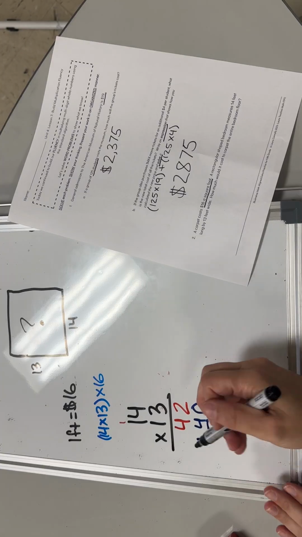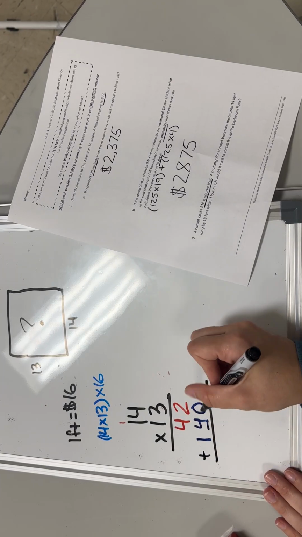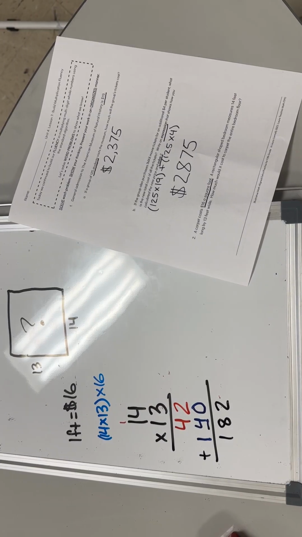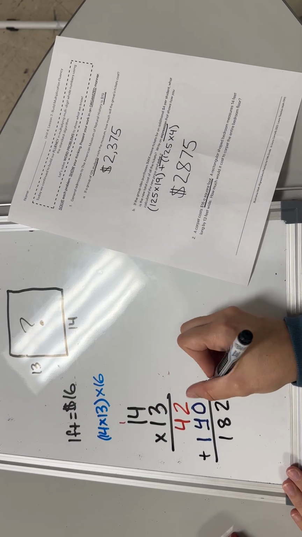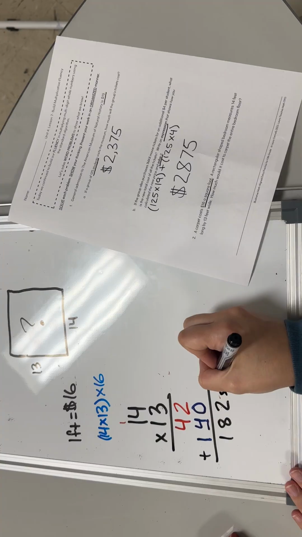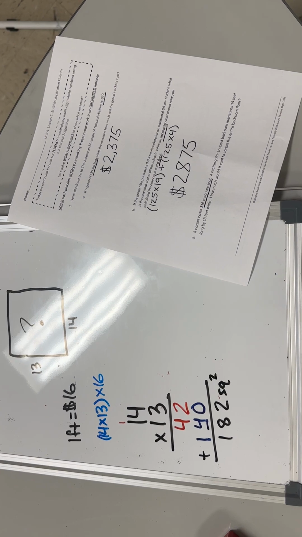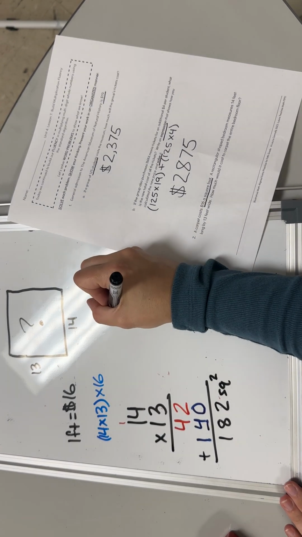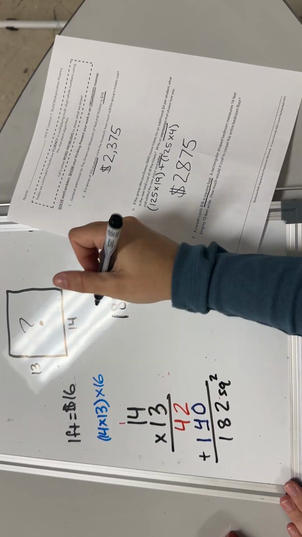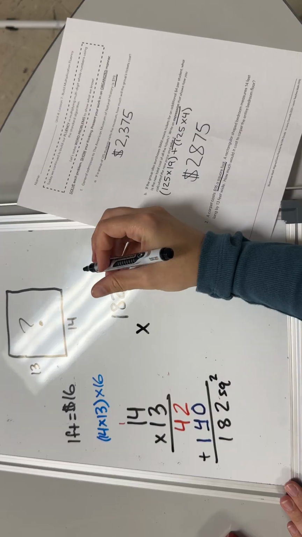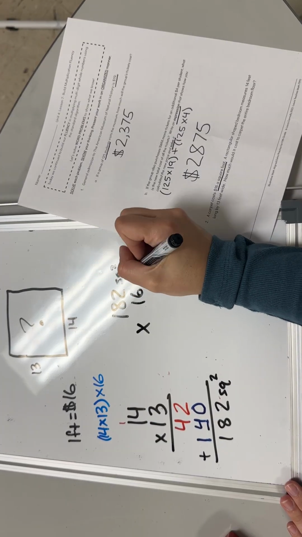Now that I have that, I can go ahead and add up these two partial products. And what I've determined is the total square footage of this room, 182 square feet. Now that I know it's 182 square feet, I can take that 182 square feet and multiply it times the $16 per square foot.